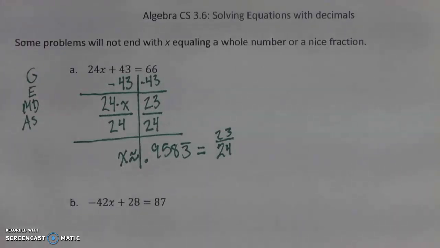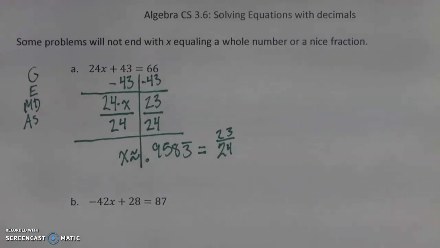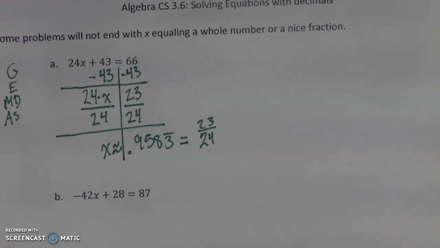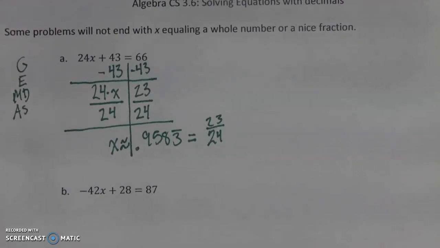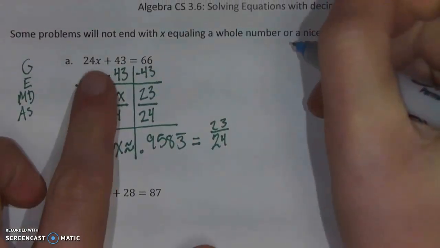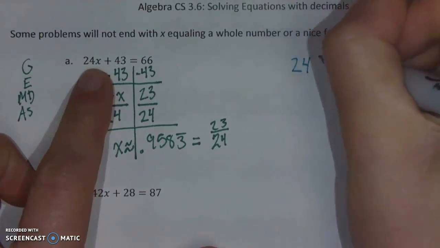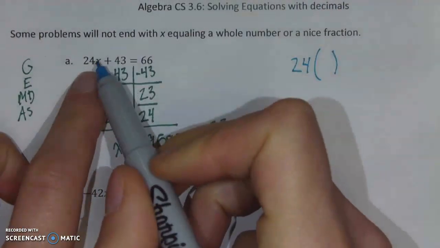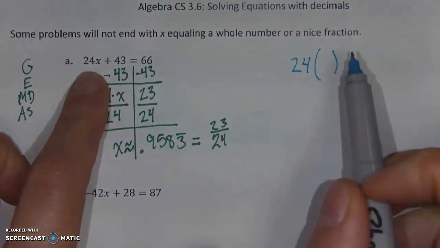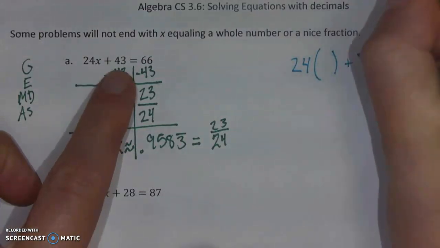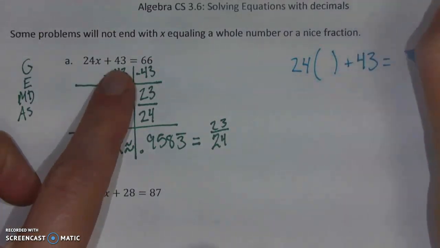So let's do that second step, because of course we always check our answers when there's any possibility of checking them. In order to do that, I'm going to write out my original problem and see if the x I found will fit into the equation completely.